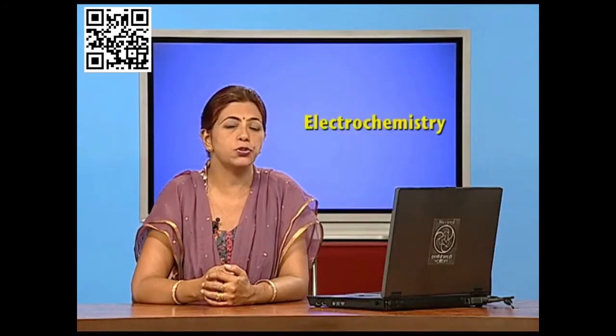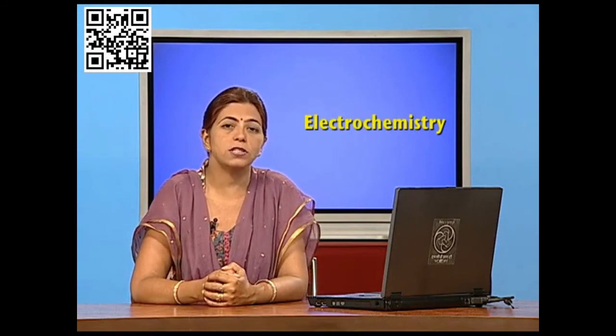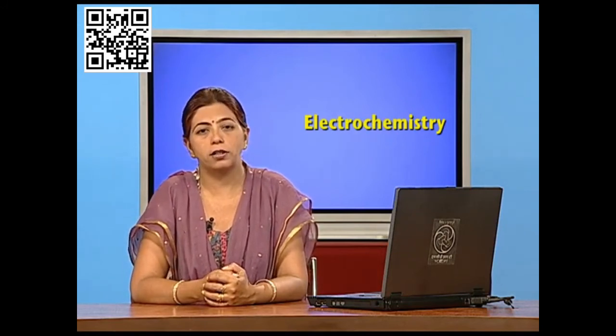So we have to take some vessel in which we can fill the molten or aqueous electrolyte. So we use the conductivity cell to measure the resistance, resistivity or conductance.